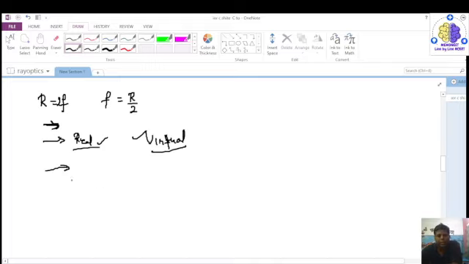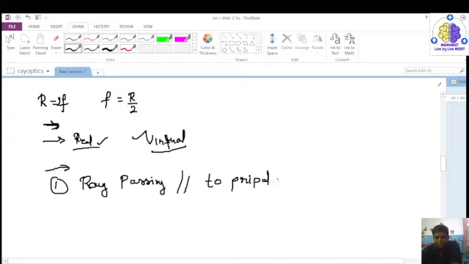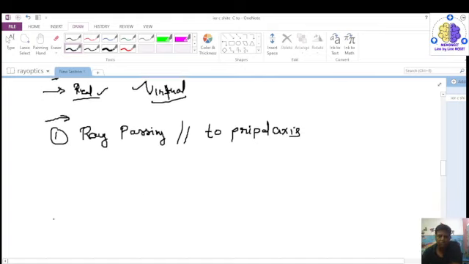That is, whenever a ray passing parallel to the principal axis, suppose this is a concave mirror and this is the principal axis.